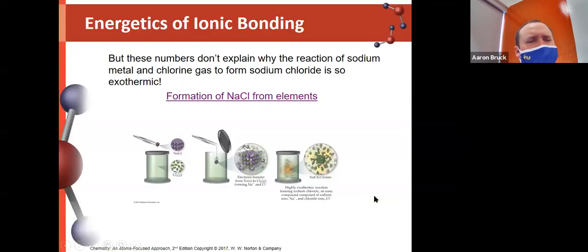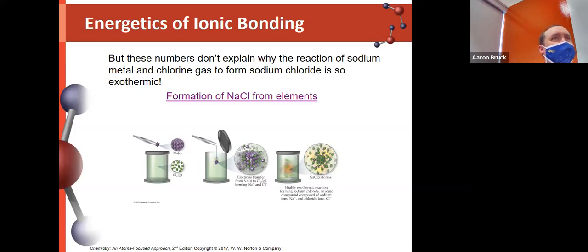All right, so something's not adding up here. I just talked about all the energy that has to go into the reaction in order to make a salt. But yet when we actually make the salt, when we take sodium metal and chlorine gas, put them together in the right circumstances, the reaction isn't energy inputting, it's energy outputting.